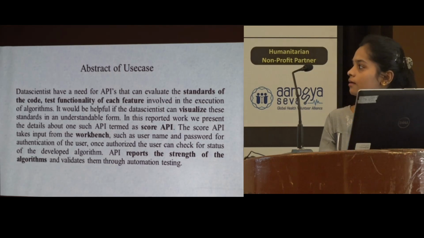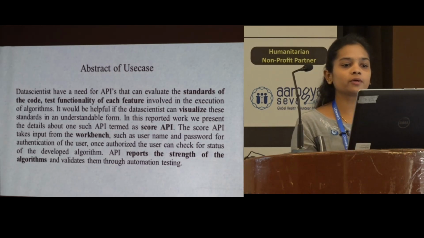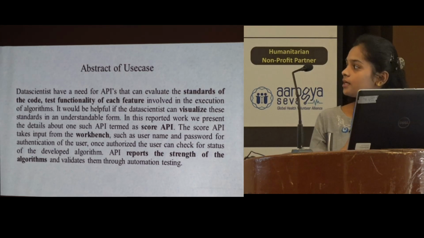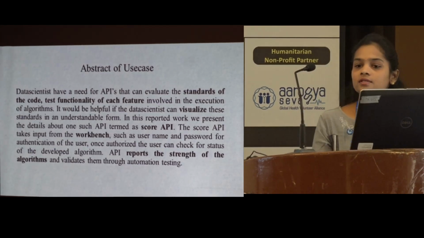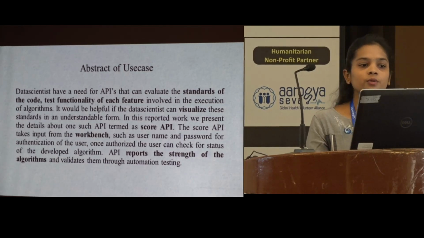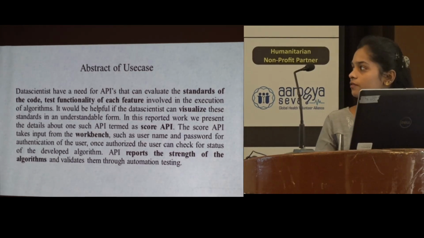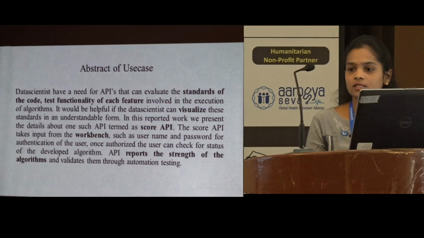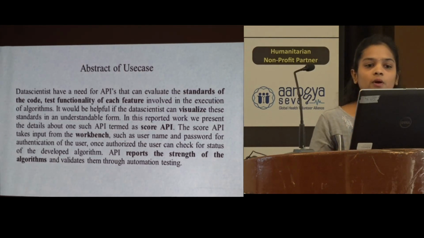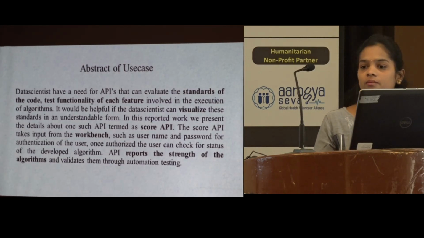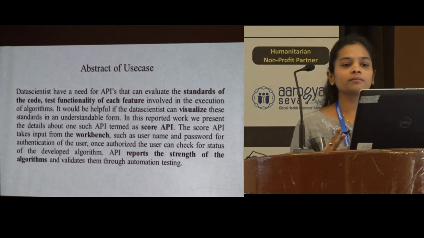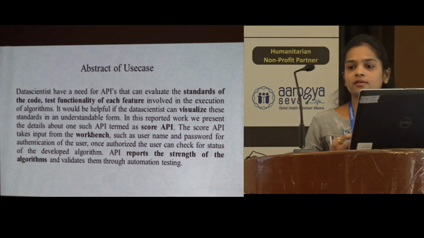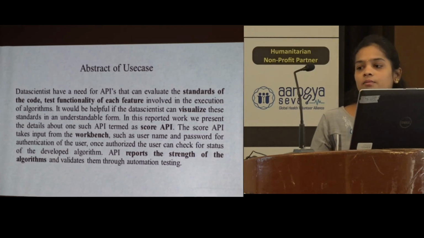In this work, we'll be talking about an API termed the score API. What this score API does is score the algorithm. What does scoring of an algorithm actually mean? It can be a machine learning algorithm or a normal algorithm, according to the requirement. Anything which needs to be communicated to the score API is through curl commands.